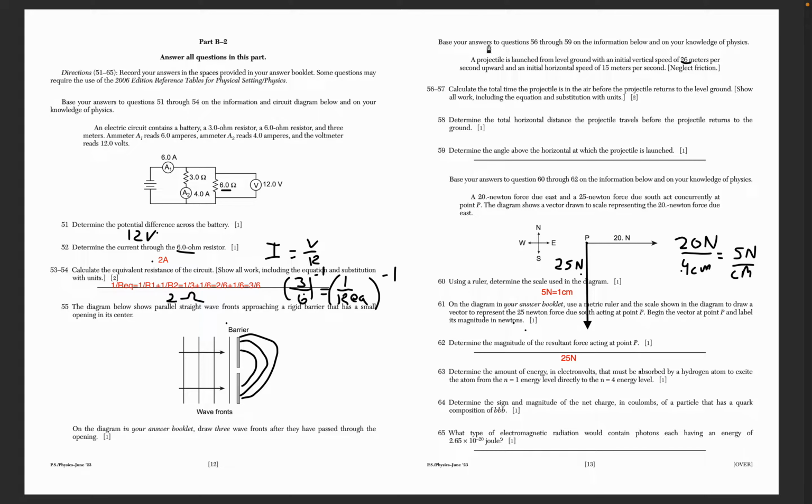If you imagine you launch a projectile, it goes back down here. Vf, the final velocity, will equal 0 at its highest point, because if you throw a baseball or a basketball, at its highest point the vertical speed is 0, which is why it goes back down.